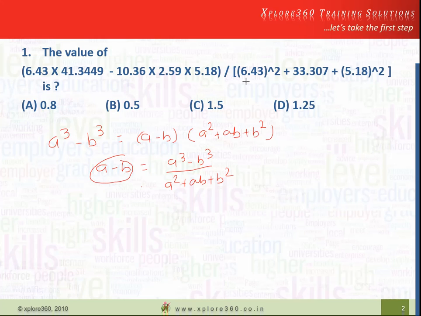What is our a? This. And what is our b? This. So the answer is 6.43 minus 5.18, which equals 1.25. So the correct answer is this.